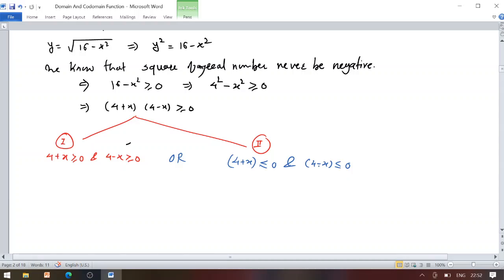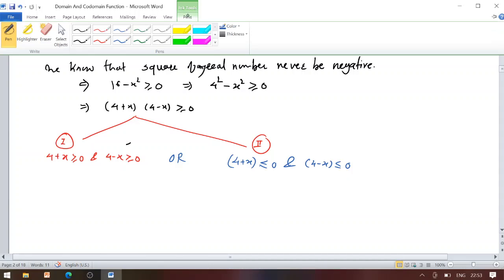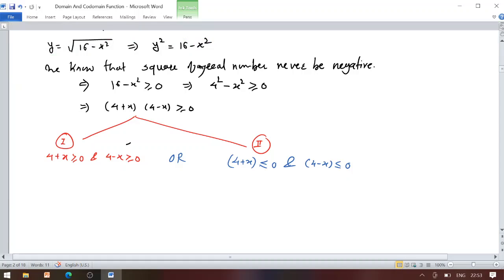So we are having 4 plus x into 4 minus x greater than or equal to 0. So let us try to simplify all inequalities here. After simplifying, we get x is greater than or equal to 4 and 4 is greater than or equal to x here. So that implies ultimately x is less than or equal to 4.